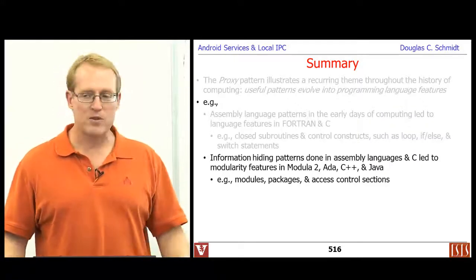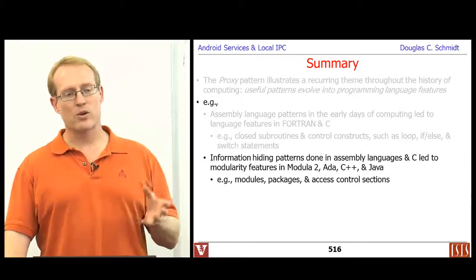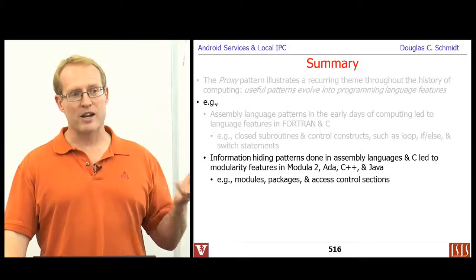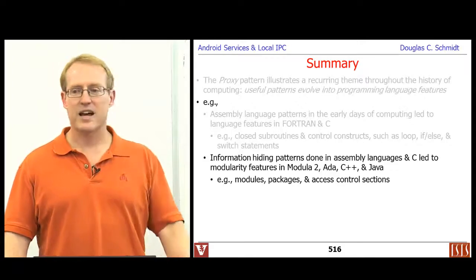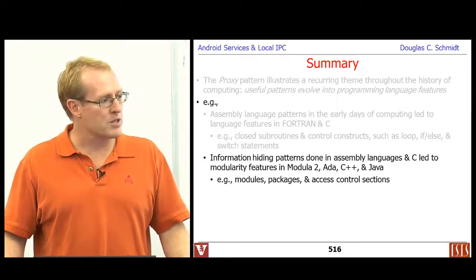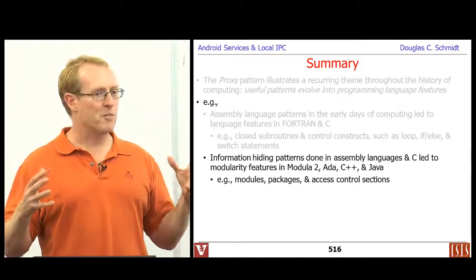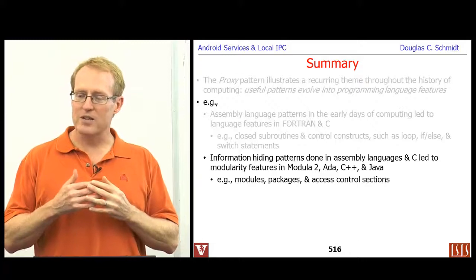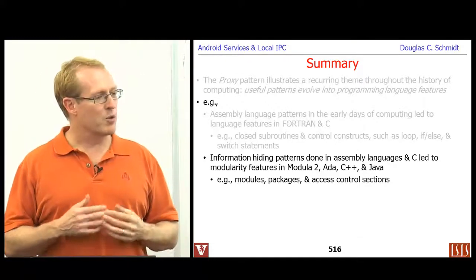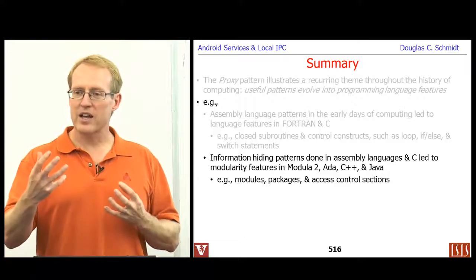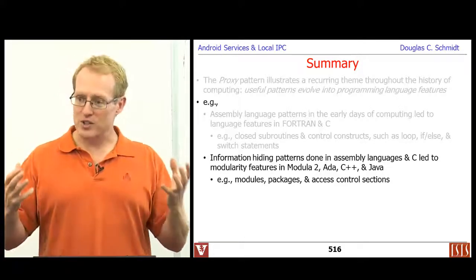Another set of examples: what I just described was from the early 60s. You go into the early 70s, there were still a lot of people writing code in assembly language, a lot of people writing code in C at that time, and they were beginning to write bigger systems. And they had to figure out some way of hiding information so that their application developers, which were usually themselves, because the programs weren't all that big, wouldn't end up making tight coupling on implementation details that were likely to change over time.